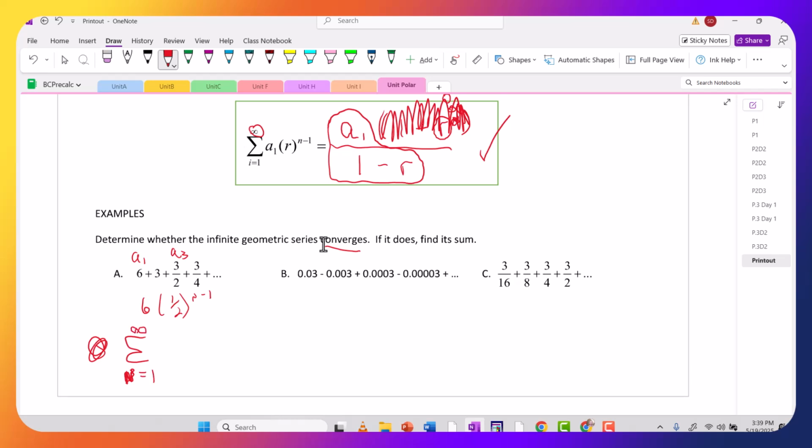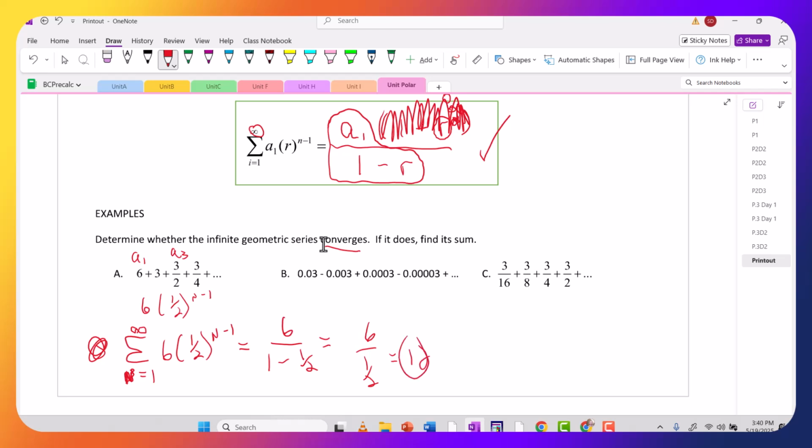And then this formula is the first term, 6, over, this is wild, you feel like you're cheating, 1 minus r. 1 minus r is a half. So 6 over a half, don't blow a brain gasket, that's 12.